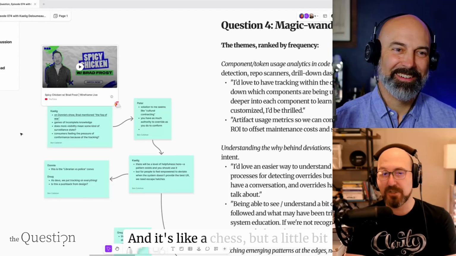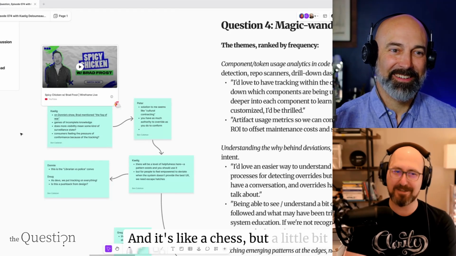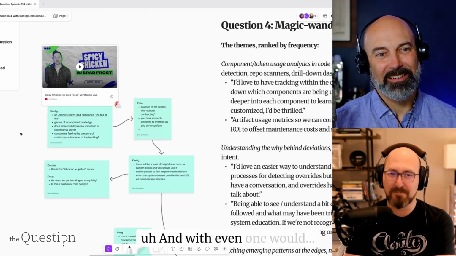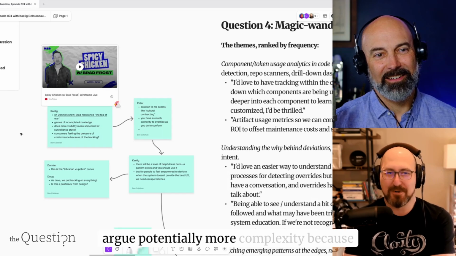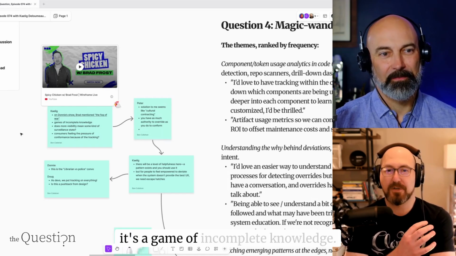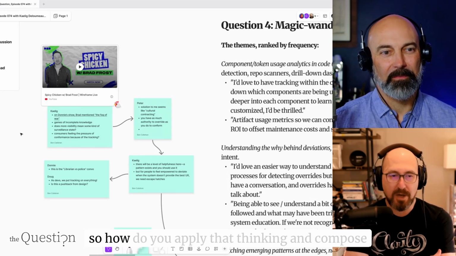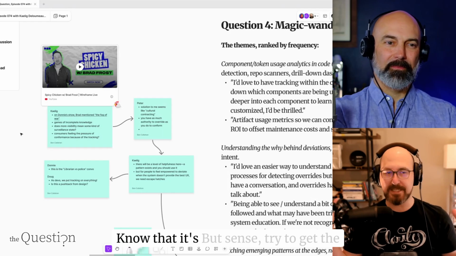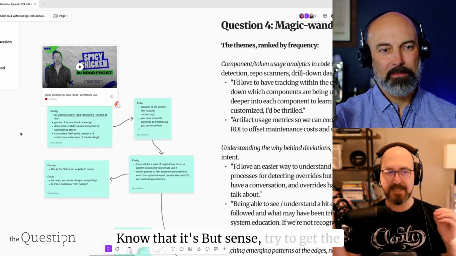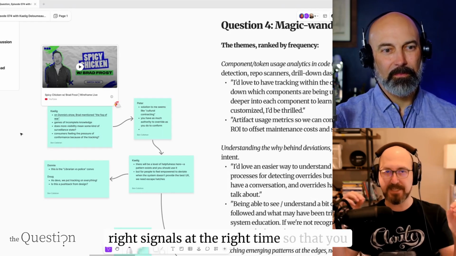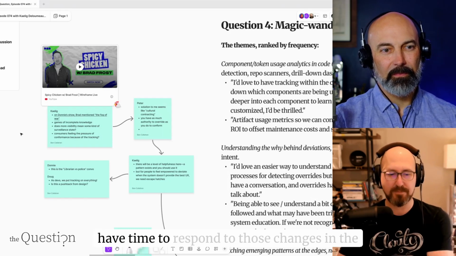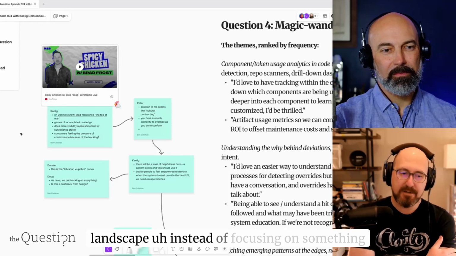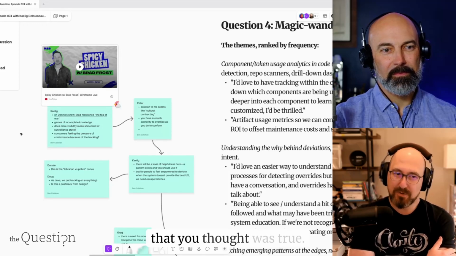And it's like chess, but a little bit faster. And with even, one would argue, potentially more complexity because it's a game of incomplete knowledge. So how do you apply that thinking and compose with that fog of war, know that it's there, but try to get the right signals at the right time so that you have time to respond to those changes in the landscape, instead of focusing on something that you thought was true.